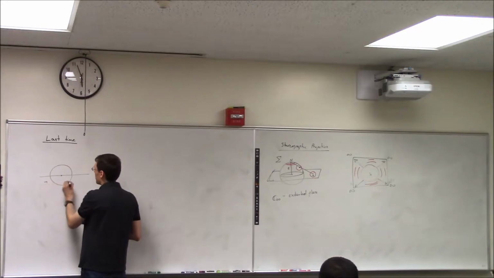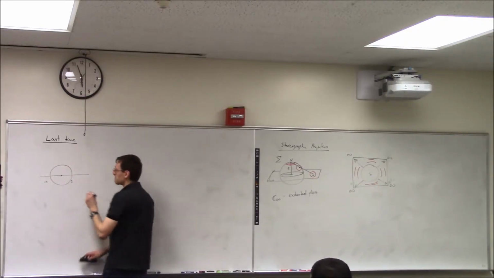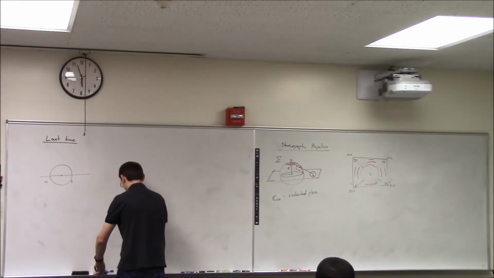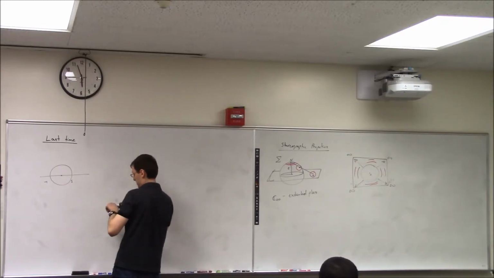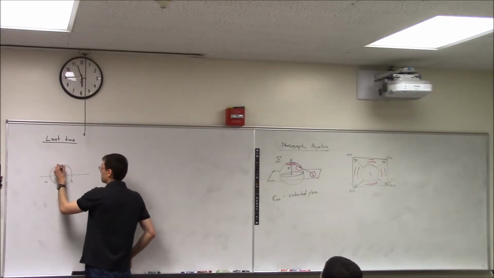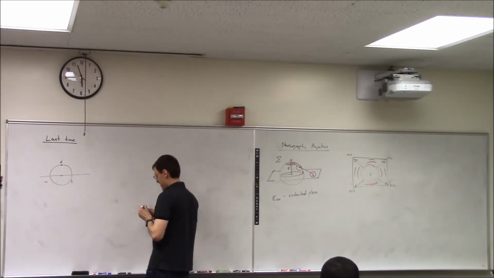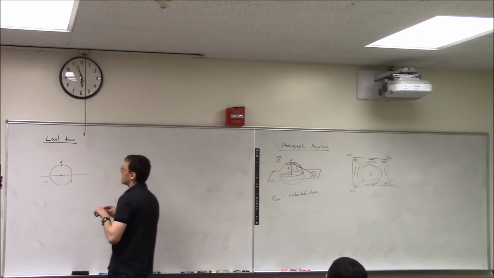So this is -1 and this is 1 if I just chose to isolate the x-axis here. And this is the North Pole. Now, what I can do is select a circle.